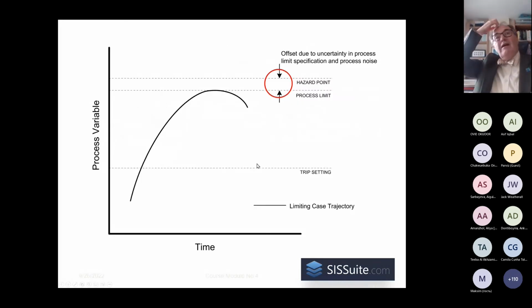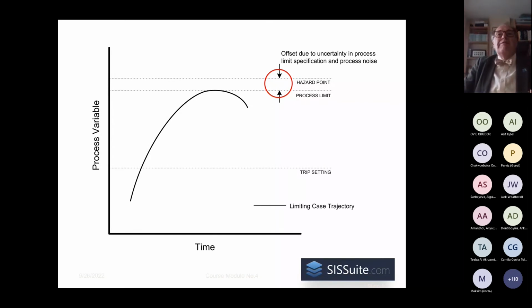Okay, and now I want to just explore in some more detail some of the considerations that would impact on this specification. So we may be clear on what the hazard point is within a process: the temperature, the pressure, the level, whatever it may be, the point at which we understand that the hazard will arise.